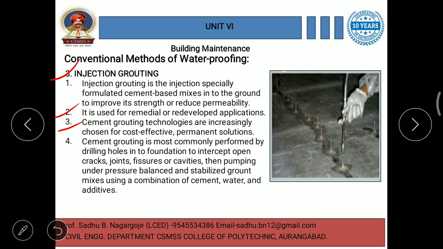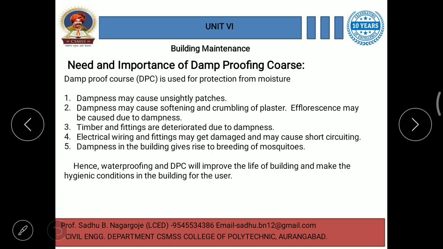Cement grouting techniques are increasingly chosen for cost effective or permanent solutions. Cement grouting is most commonly performed by drilling holes in the foundation to intercept open cracks, joints, fissures or cavities, then pumping under pressure balanced and stabilized grout mixes using a combination of cement, water and additives. So this is injection grouting.